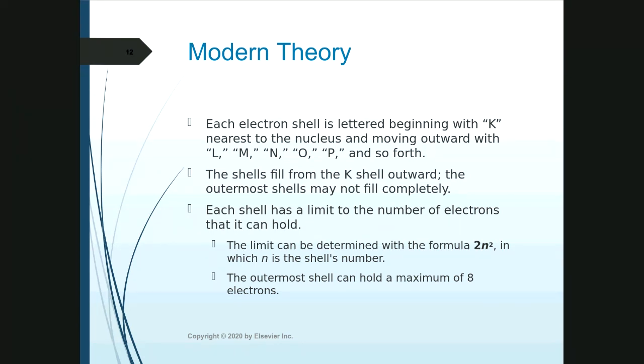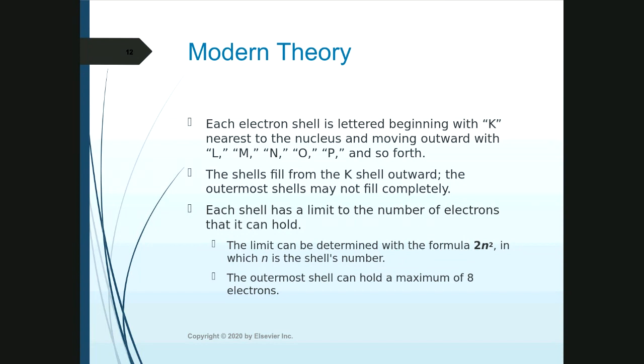As for the outermost shell, typically they are not full with electrons. Typically, the number on the outermost shell is varying, and it actually determines whether that atom will bond ionically or covalently with another element. So even though the shells can hold a certain number of electrons, they're not necessarily full.